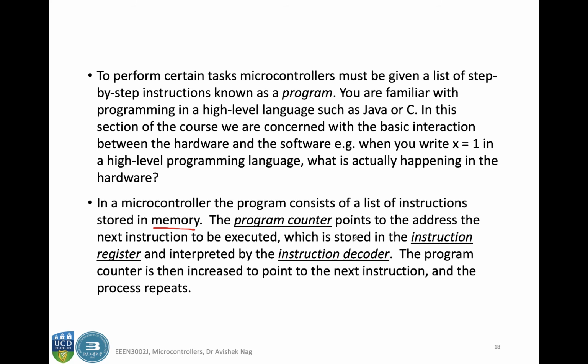That instruction has to be interpreted by the instruction decoder. First the instruction has to be valid, then it has to be executed. The set of instructions that are possible is there in the instruction register, and that is interpreted by the instruction decoder.